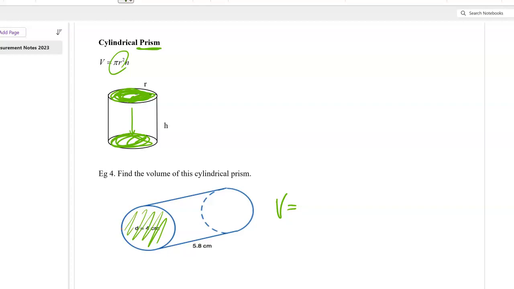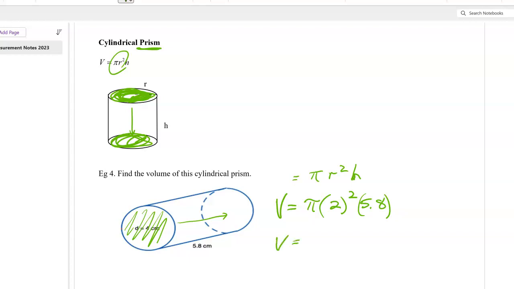I know the area of a circle is pi times the radius squared. And then how far does it move? 5.8. If you're not sure where I got this from, this is pi r squared, and that's the height, how far it travels.